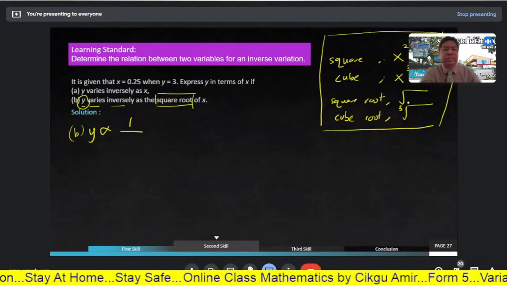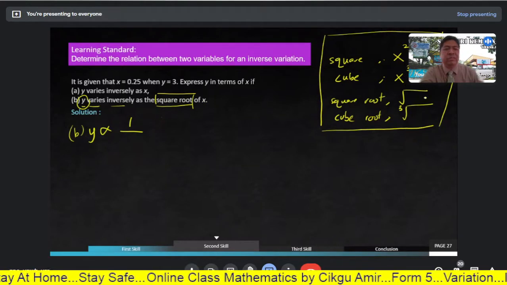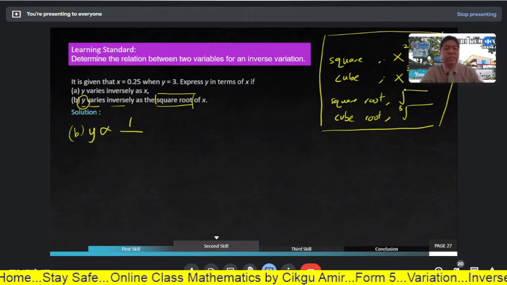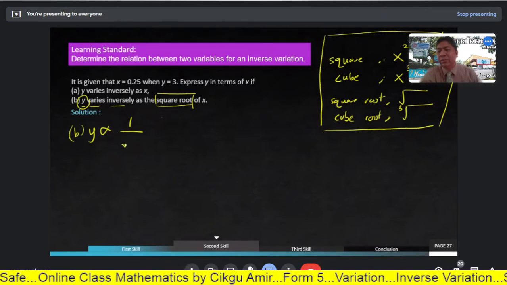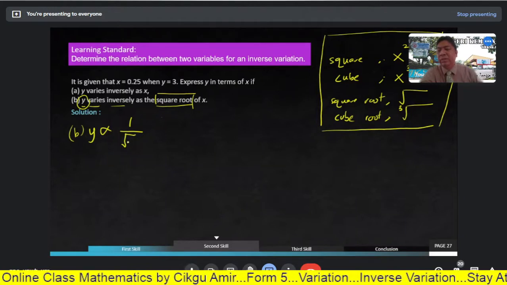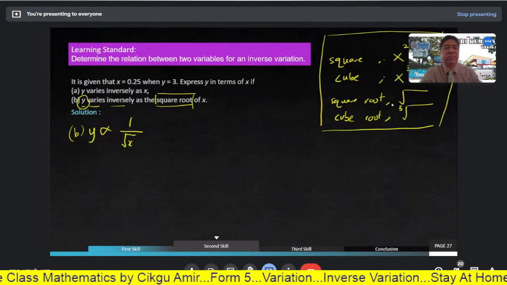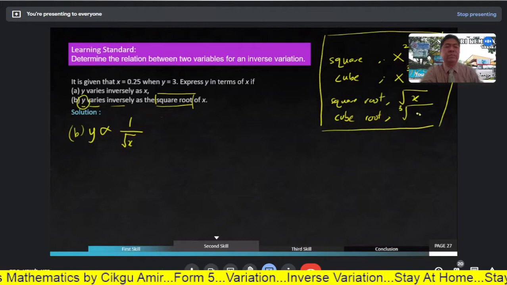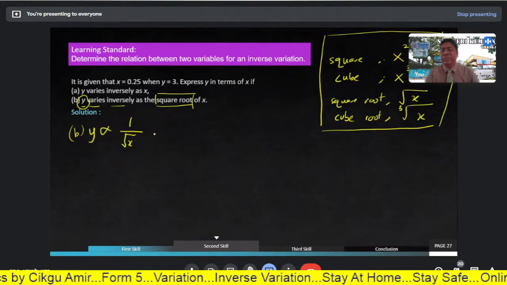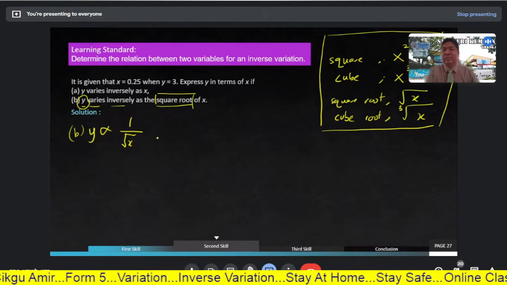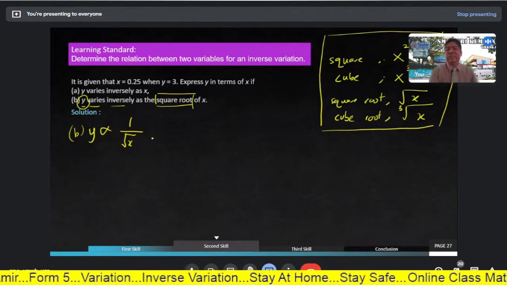Square root of x. So this is the variation relation, the inverse relation.